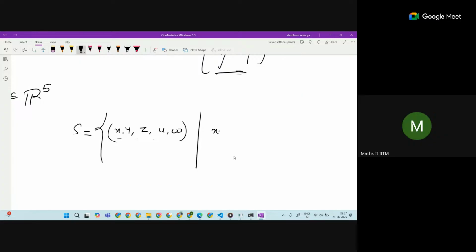So let's say x plus y plus z is equal to 0, and y plus u is equal to 0, and x plus w is equal to 0. So these are the relations within the coordinates.